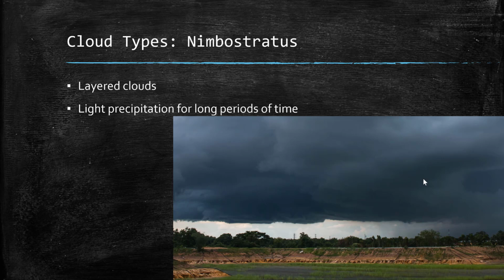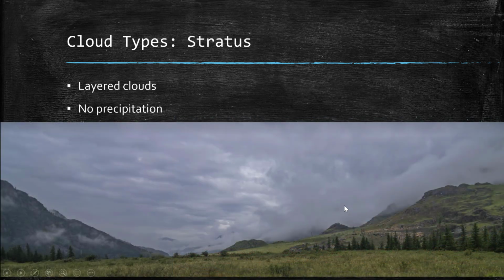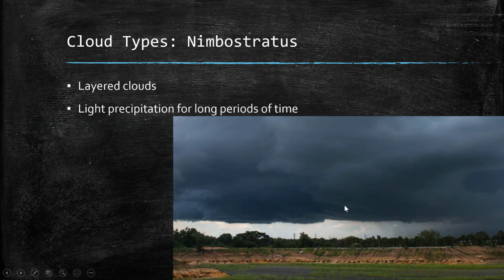You're probably lying underneath a bunch of nimbostratus clouds. Not a whole lot different than stratus clouds, other than they are darker because they're more laden with water and can produce precipitation. That's why the nimbo is meaning precipitation.